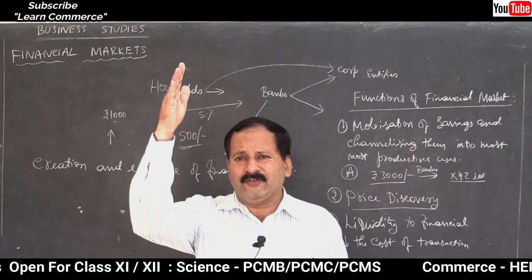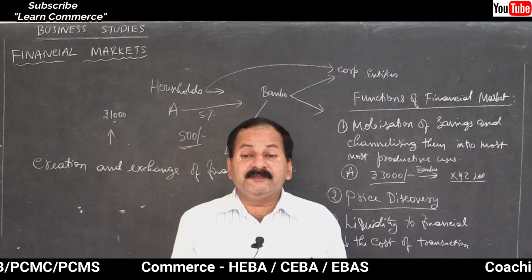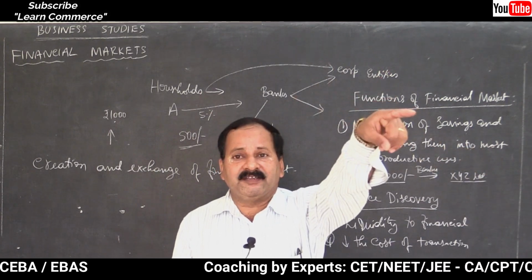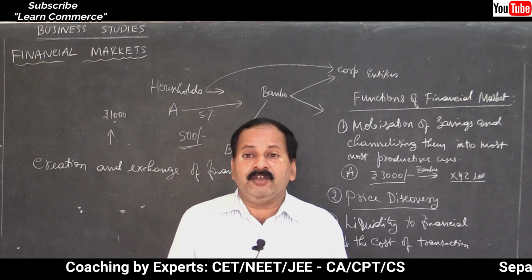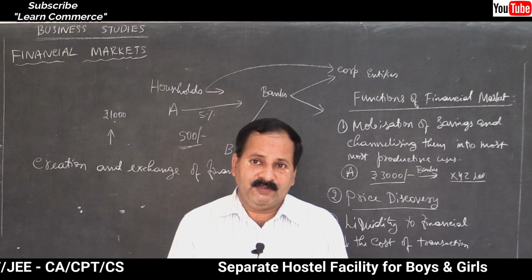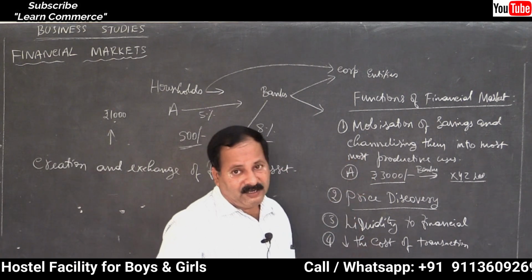Now the transaction cost has been reduced drastically. So it is because of the existence of the financial market that you are able to sell the shares in the market without loss of money or time, and even the cost of transaction is reduced. So these are the 4 functions that are done by the financial market.